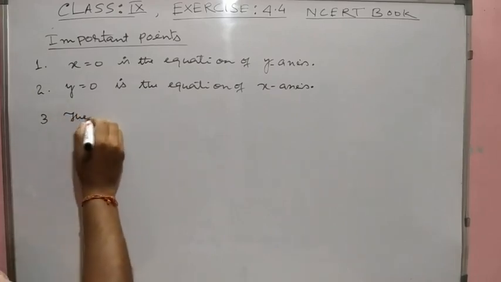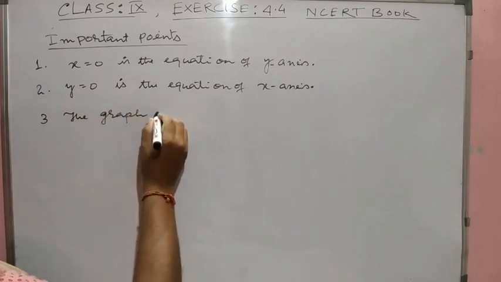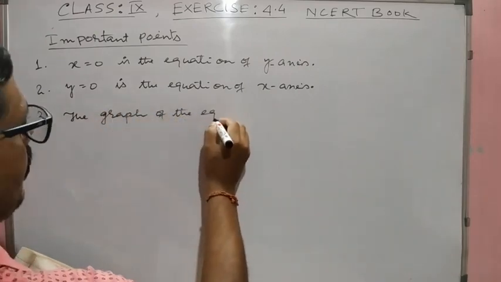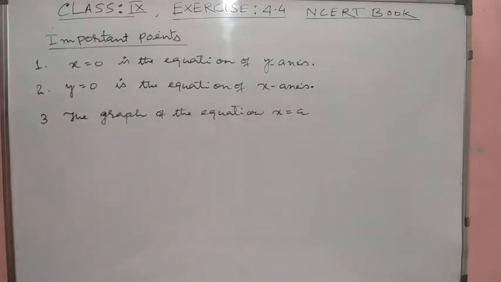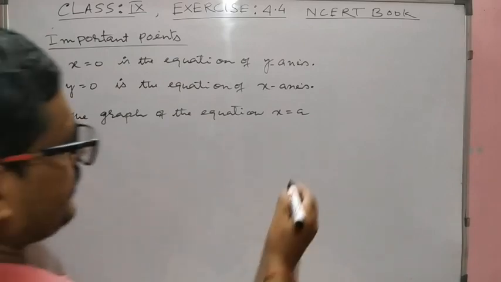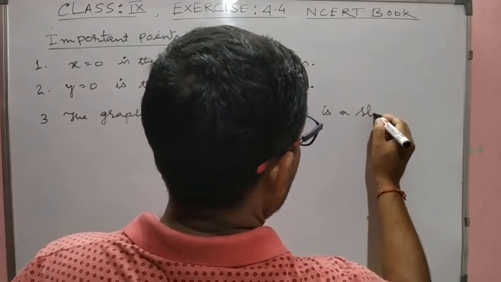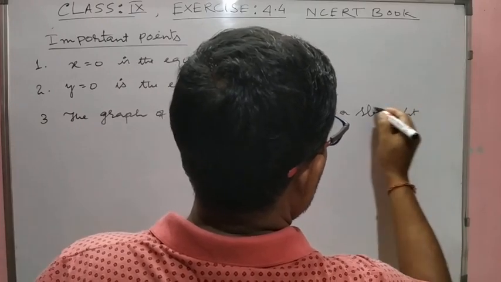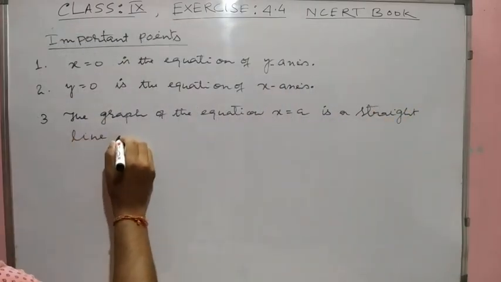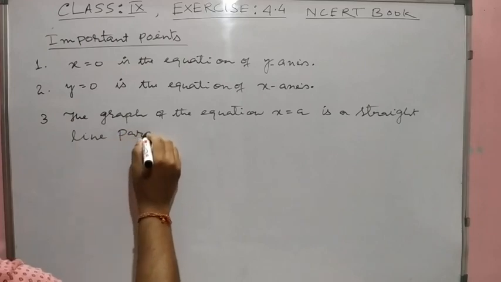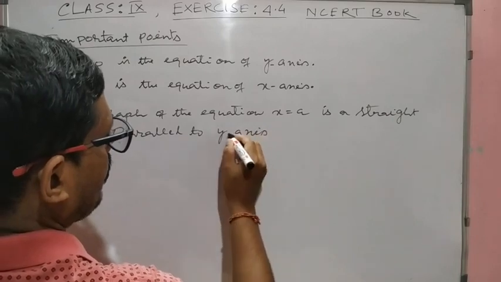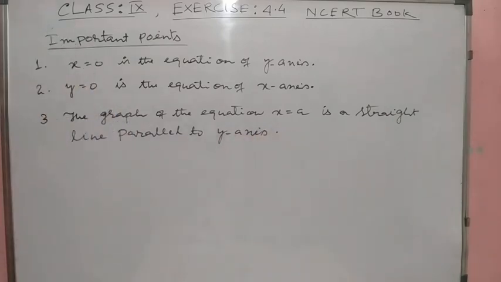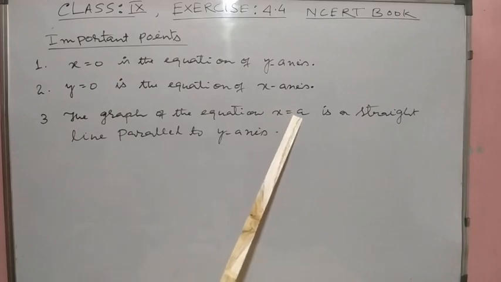Number 3, the graph of the equation x equal to a is a straight line parallel to the y-axis.